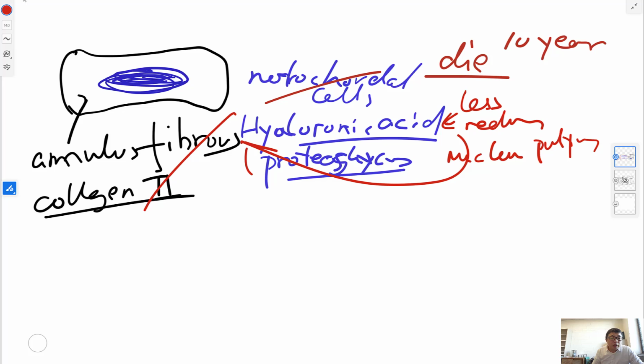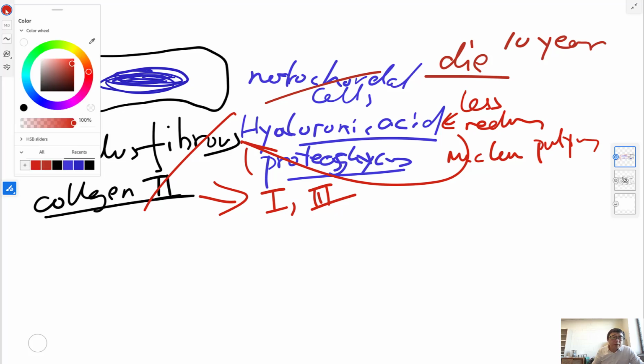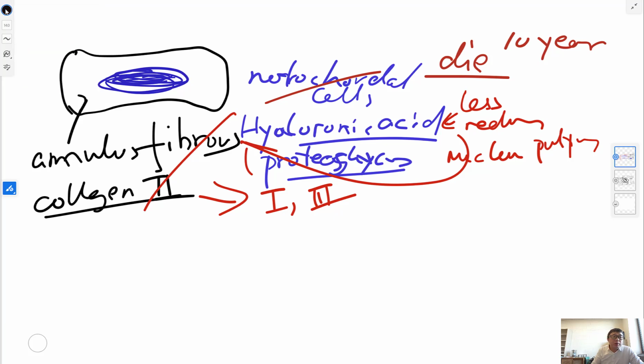There are fewer chondral cells and less collagen 1, collagen 2. Collagen 2 becomes collagen 1 and 3. And then this whole thing becomes shorter and more fragile.